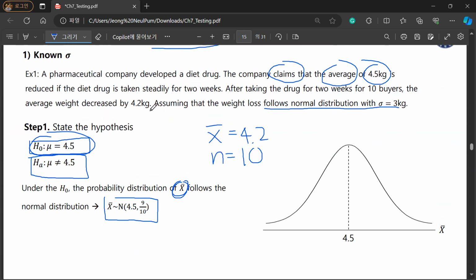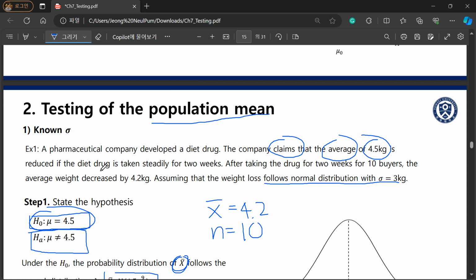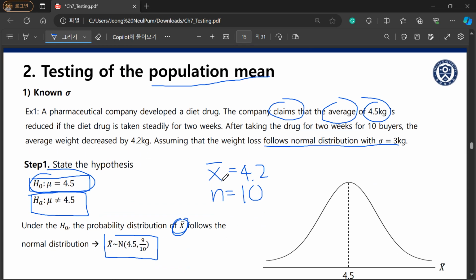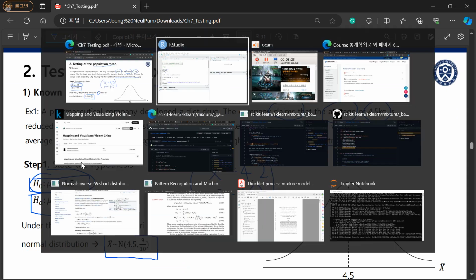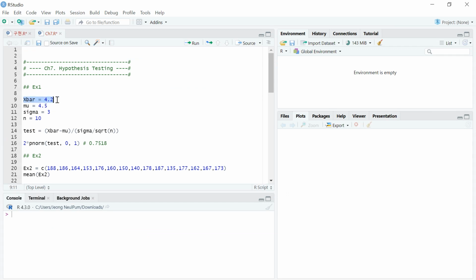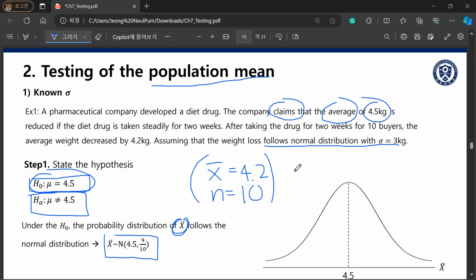The more important thing is that you have to understand what the situation is, and when you have to get the answer. So you have to store the values: x bar, which is 4.2, sample size, which is 10, and sigma, which is 3.